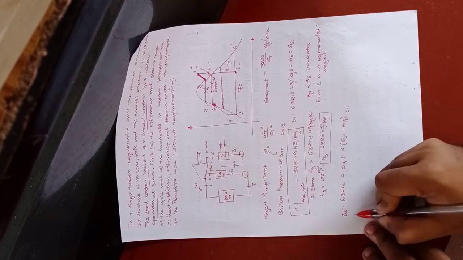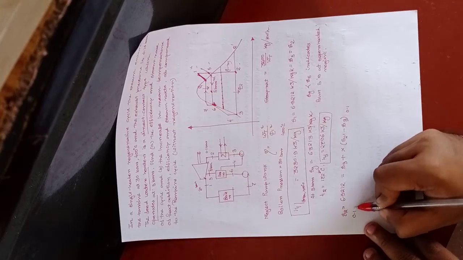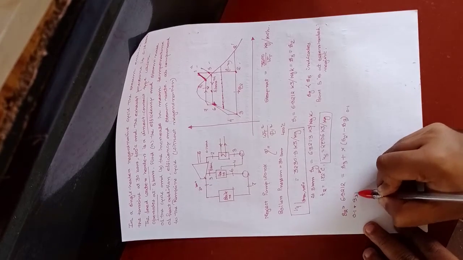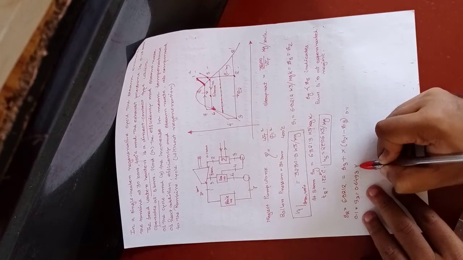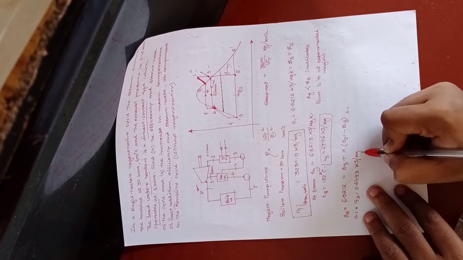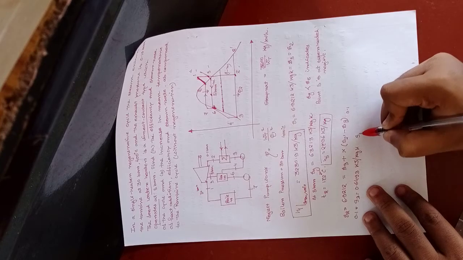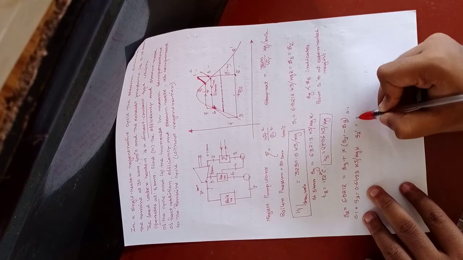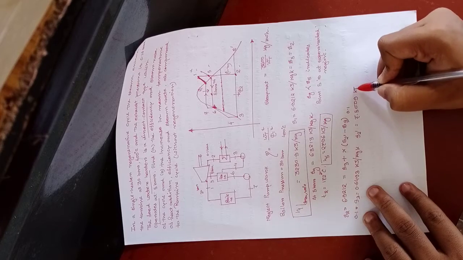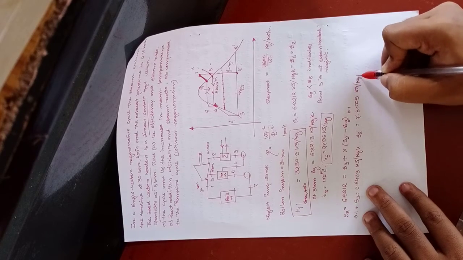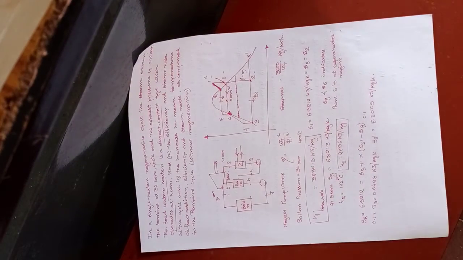So at 0.1 bar, S3 is 0.6493 kilojoule per kg Kelvin, and S2 dash is nothing but 7.5009 kilojoule per kg Kelvin. So we will get these values from the steam table.